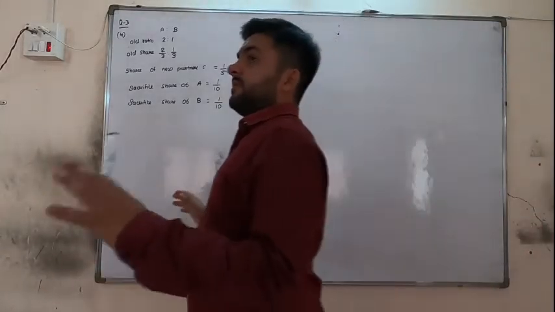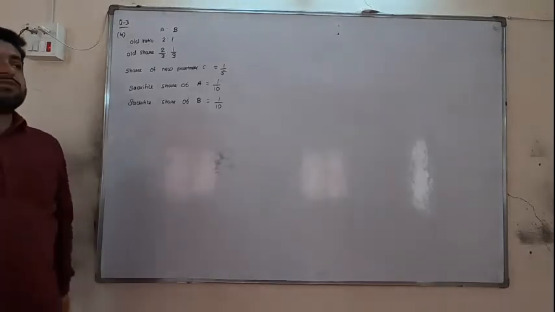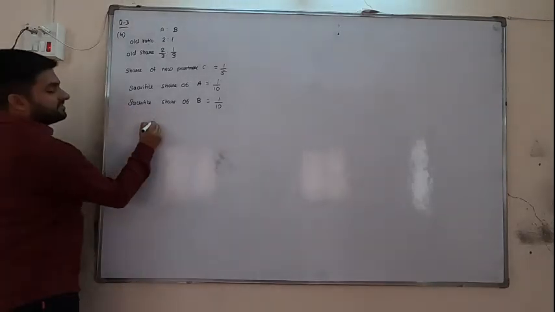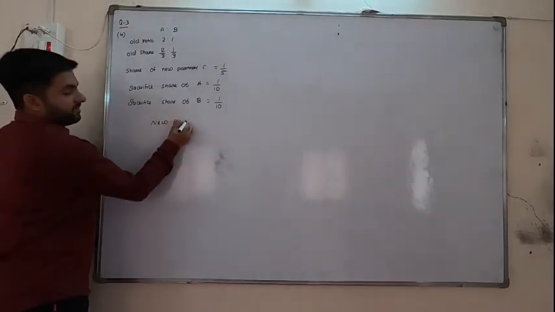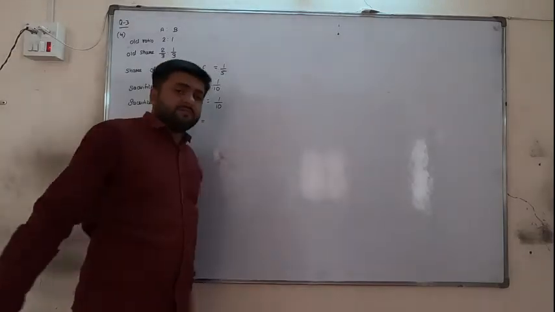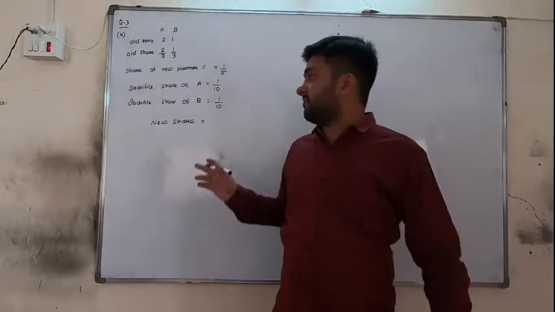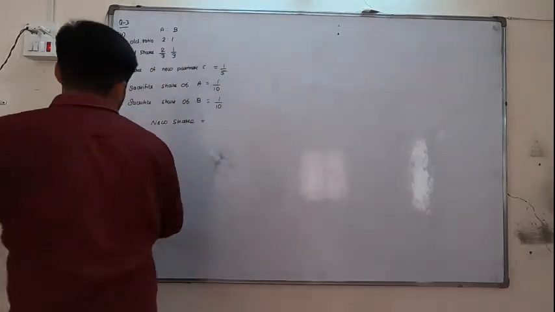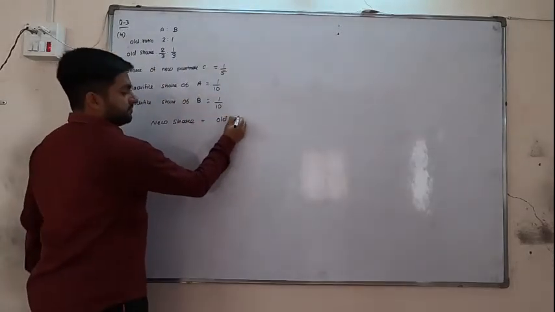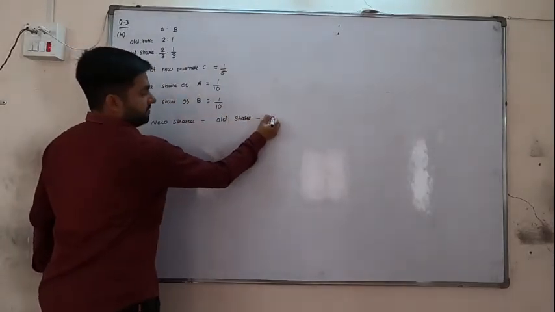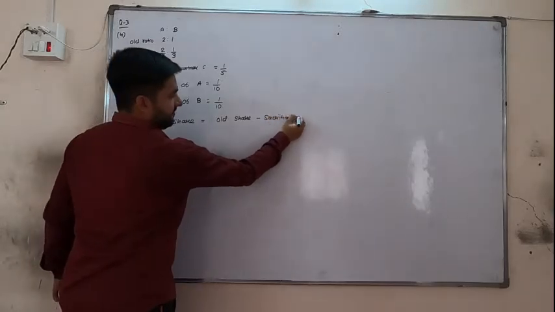Okay. So what we learned in these steps: how to start the sum, always start directly with new share. Here we don't have to assume the profit, because new share we can find directly from sacrifice and from old. So new share is equal to old share minus sacrifice share.